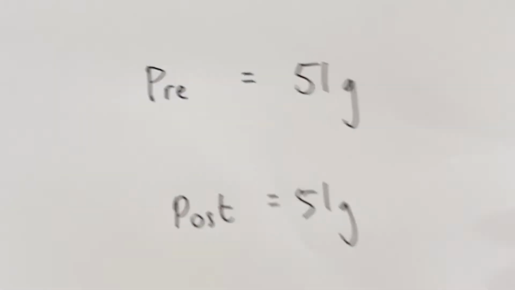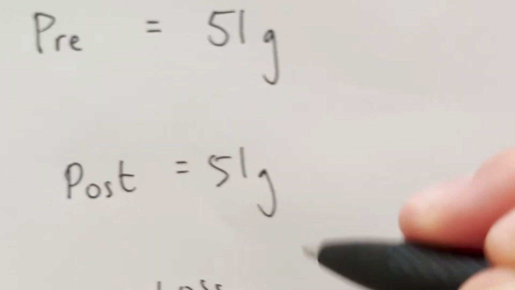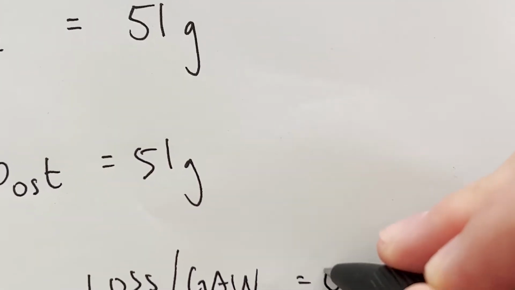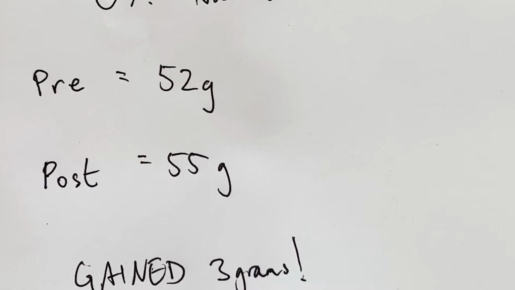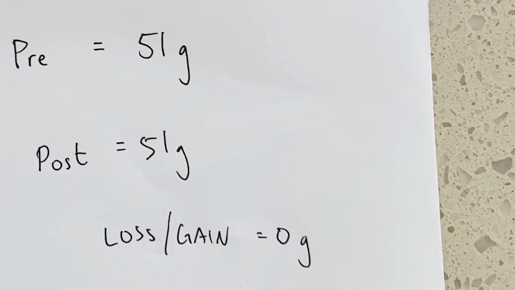Probably half a gram or so it may have lost. So we can say that its loss is 0 grams, but let's just assume that it lost half a gram because that's probably more accurate. But what we've highlighted is that the 0% sodium chloride has gained some water mass, and in the 30% sodium chloride, it's lost a little bit of water mass.